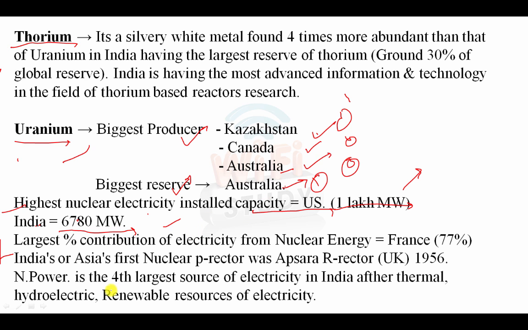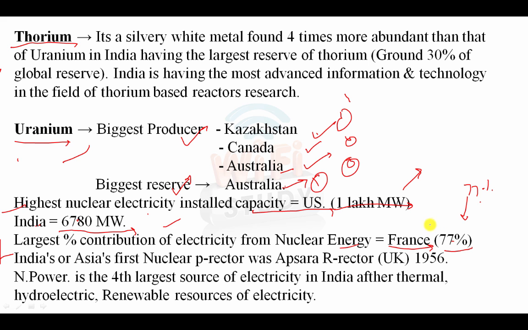Okay, and the largest percentage contribution of electricity from nuclear energy is France, that is 77%. France has 77% electricity from nuclear source. Okay, India's, or Asia's, first nuclear power plant was the Apsara reactor, which was made with the help of the UK in 1956 in India.